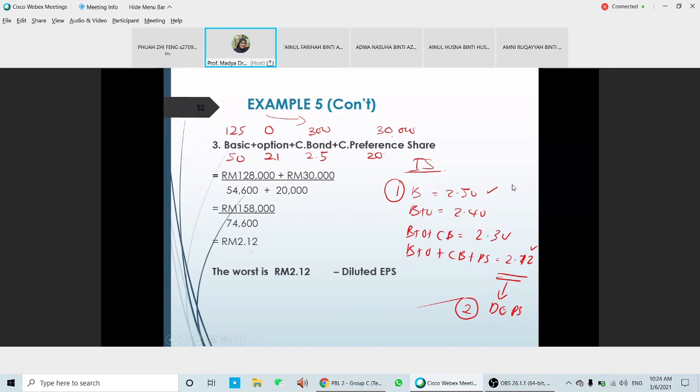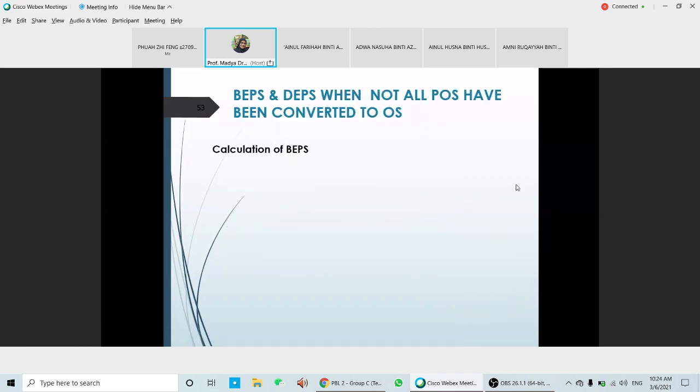So now we're going to look at what happens to the diluted and basic earnings per share when not all POS are converted to ordinary shares. Not all the POS here means that only a portion of the POS is converted to the ordinary shares.